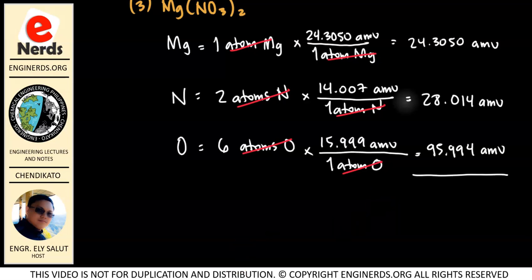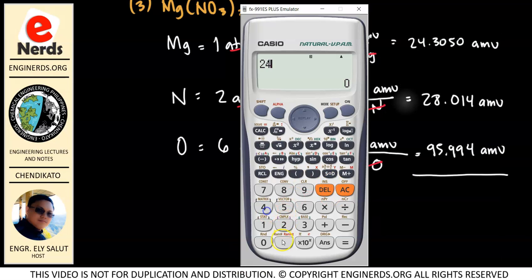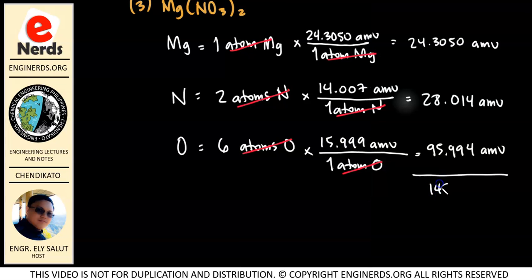So, if we add all of this, makukuha na natin yung formula weight ng ating Mg(NO3)2. So, let us add this now. So, we have 24.3050 plus 28.014 plus 95.994 will be equal to 148.313 atomic mass unit.